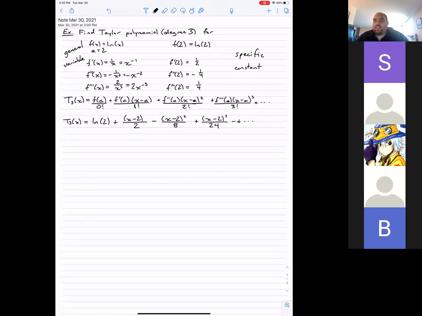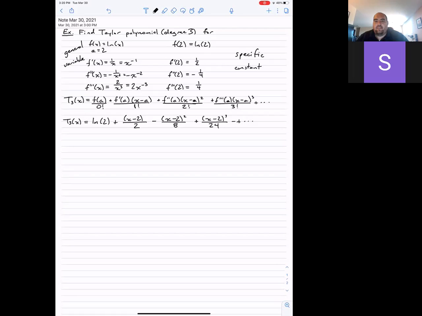And then I had a request for a ratio test to find an interval of convergence. I'm not sharing the other screen where I'm doing this, but really all I Googled for that last example was Taylor expansion example or Taylor series example.